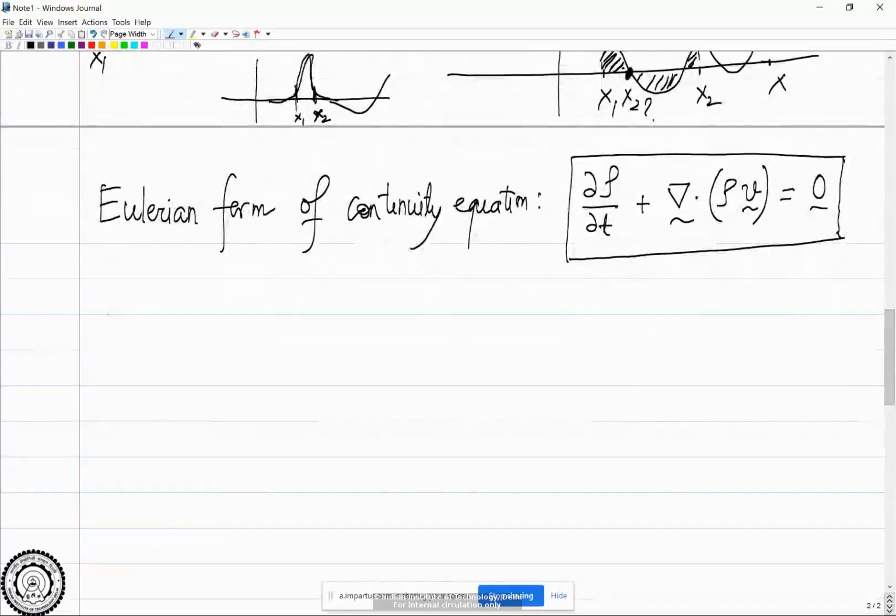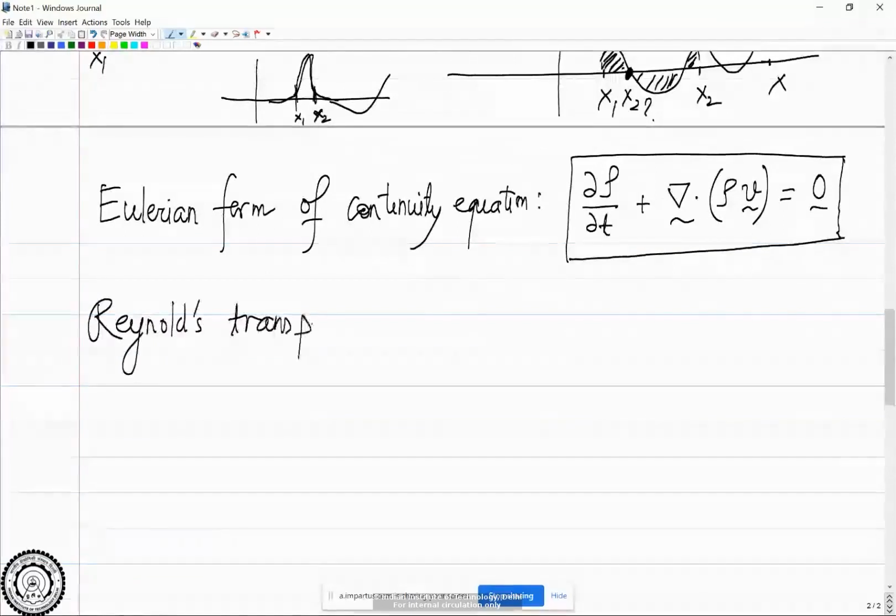Similarly, there is also what is called the Reynolds transport theorem. Do you guys recall the Reynolds transport theorem? This is an Eulerian form, by the way. It's always Eulerian.